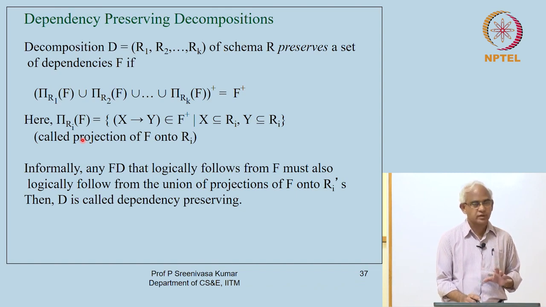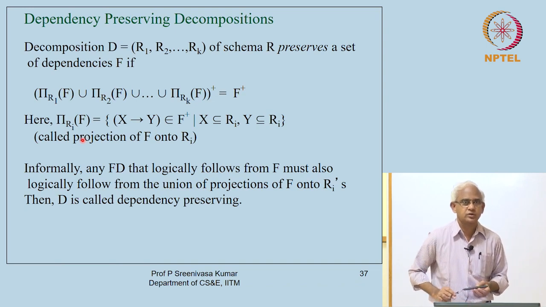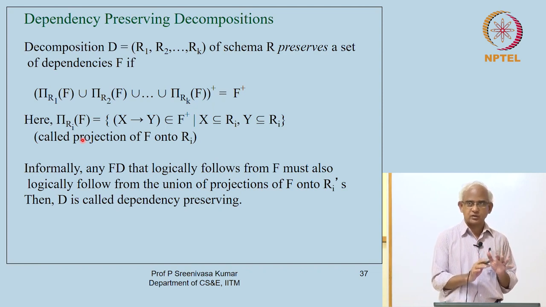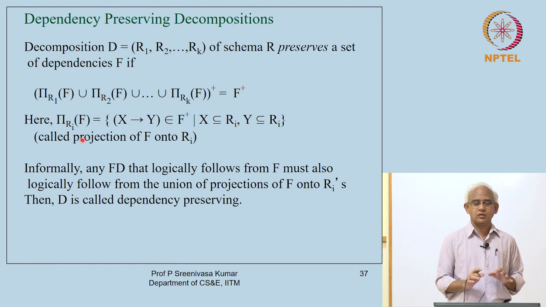These are the two interesting properties of decompositions that we are looking for. We are not interested in arbitrary decompositions of a relation; we are interested in those decompositions that satisfy these two properties. One is called the lossless join property, the other one is called the dependency preserving property.